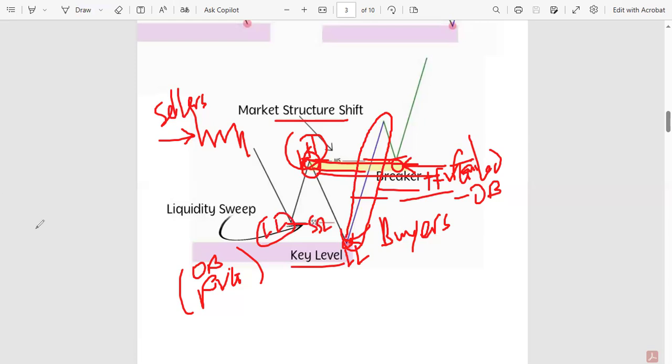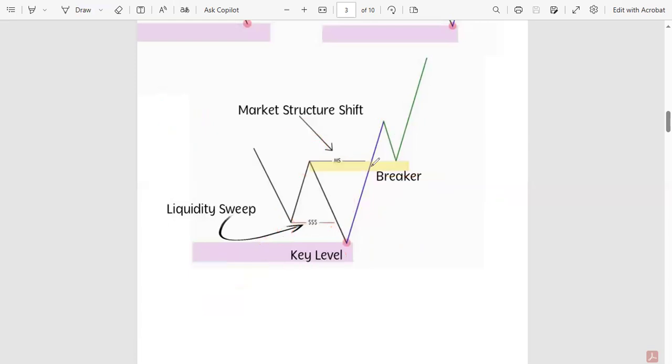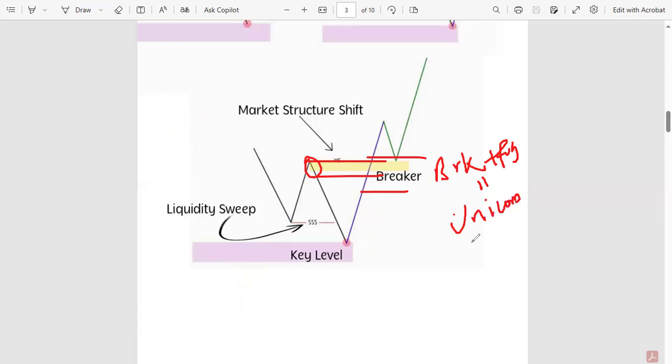So let me remove these drawings here. If we have a fair value gap there and this breaker block overlapping together, that's going to create what we call the unicorn model, one of the very strongest entry models.